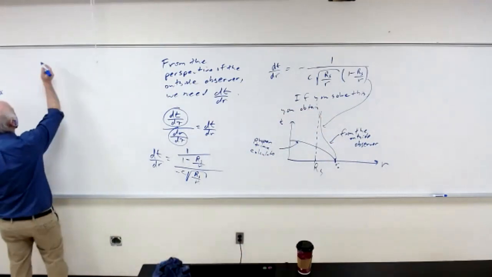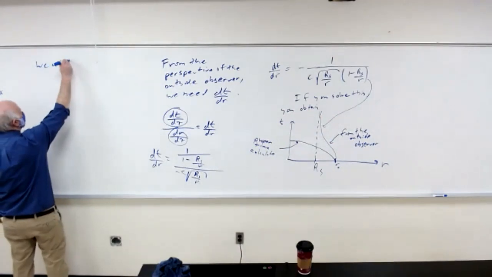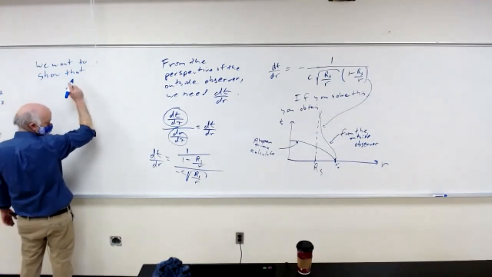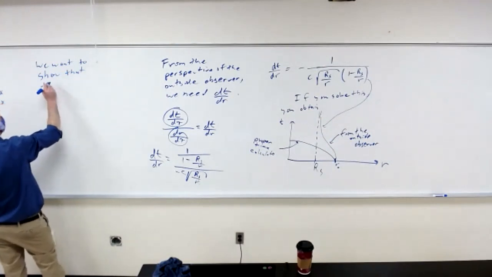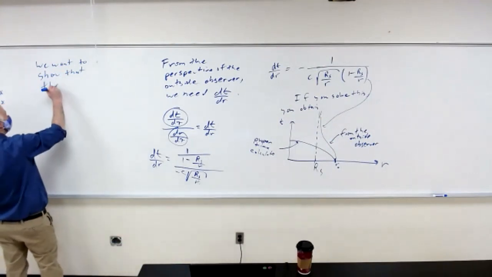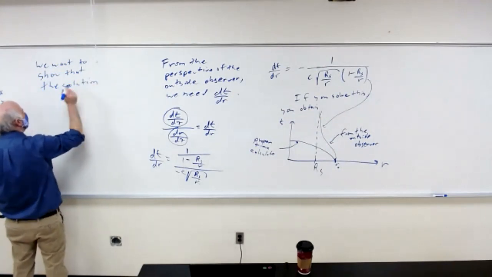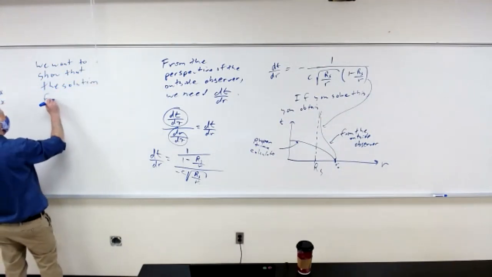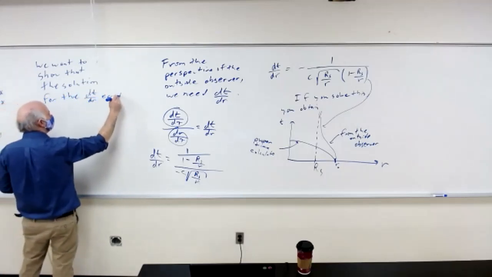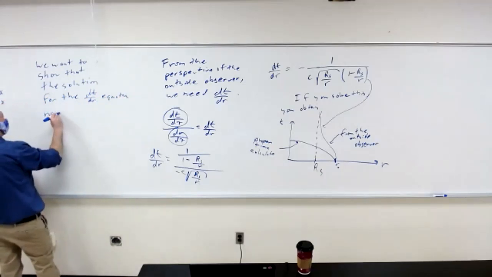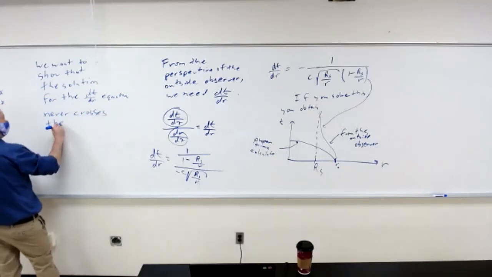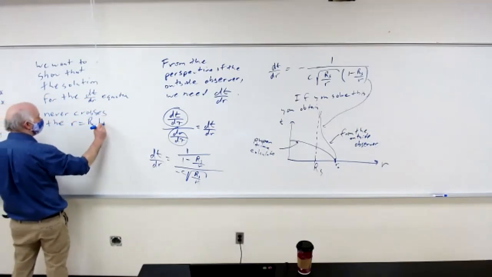So we want to show that the solution for the dt dr equation never crosses the r equals Rs line.